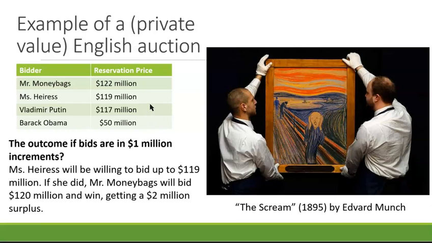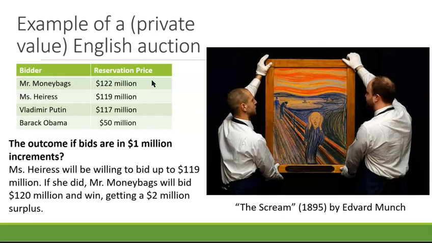You can see that clearly only two people are in the running here who have the highest valuations. Suppose that the bidding went on and Ms. Eras bid $119 million. Then we know that Mr. Moneybags here will bid $120 million, and he will win the auction.